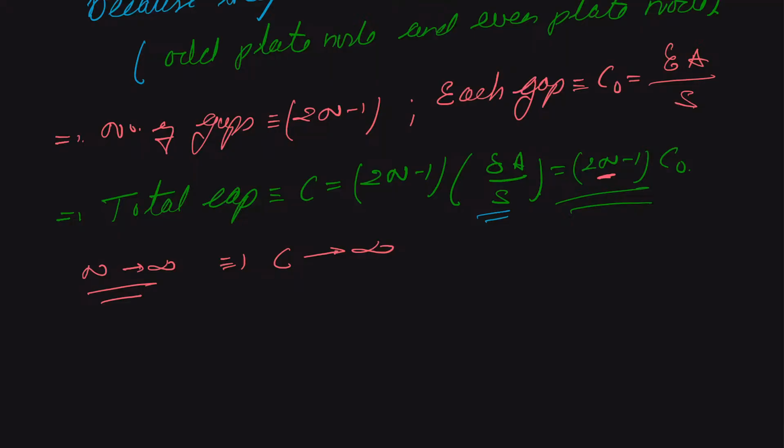So these were the 5 questions for today, and in these 5 questions we dealt with parallel plate capacitors which are connected in different combinations. Mostly different plates are connected, and each question presented a different type of challenge.